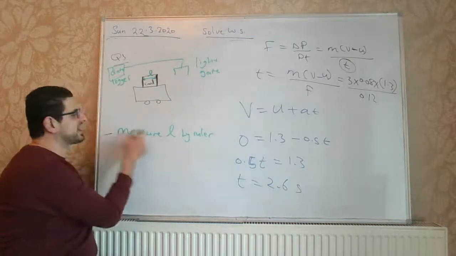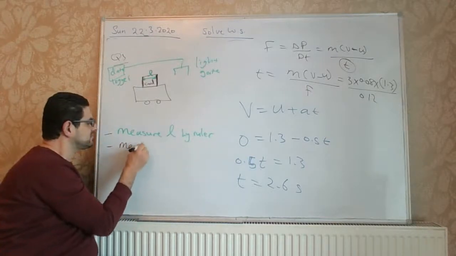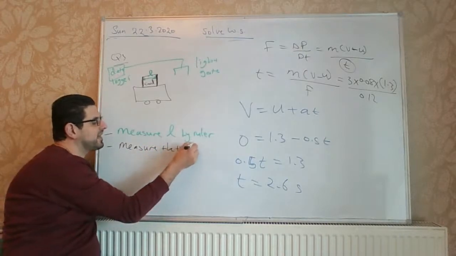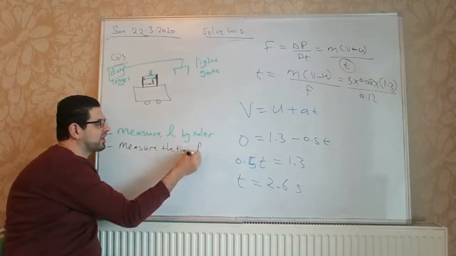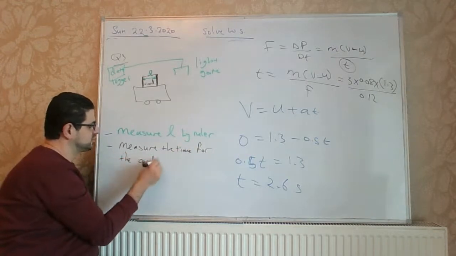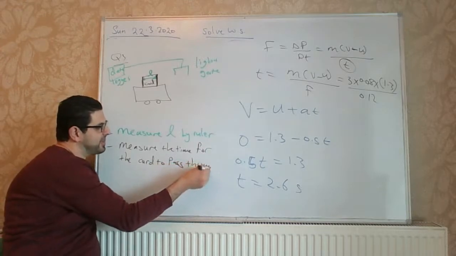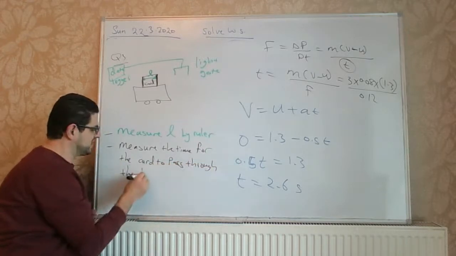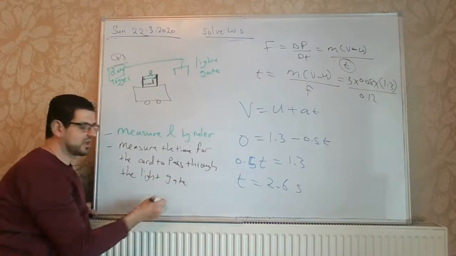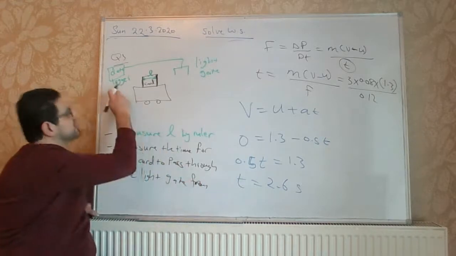So we say: measure length by ruler, measure the time for the card to pass through the light gate from the data logger.